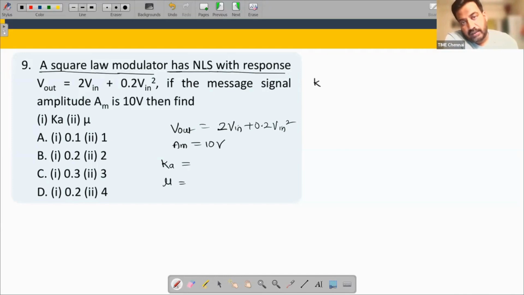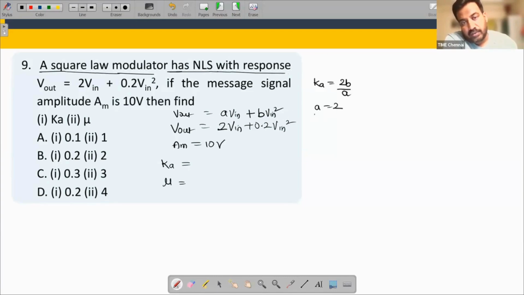How to find Ka? Ka is 2B by A. Here, V out is AV in plus BV in square.